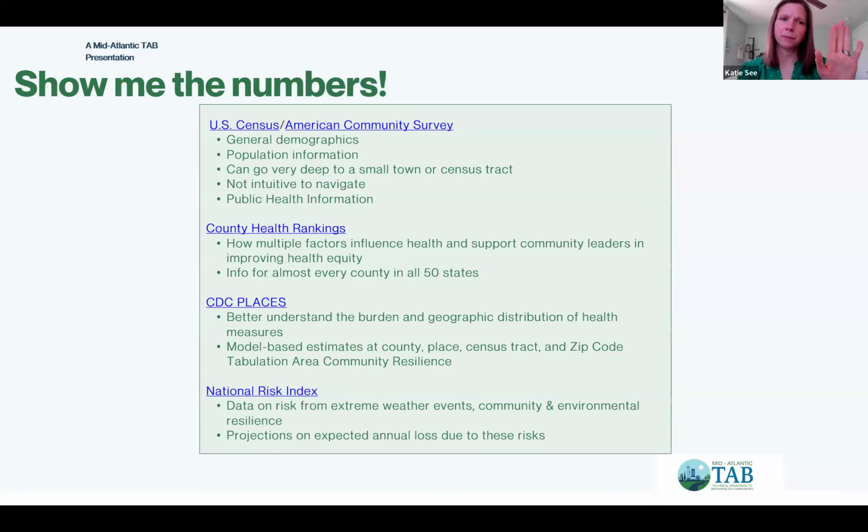And I should mention the fact that they are blue means that they are a hyperlink. So when you get this slide deck after the webinar, you're going to be able to click on that. CDC PLACES, another opportunity to understand the distribution of health measures, and then also the National Risk Index. Again, these are just some good, viable options to help you as you're building that solid case with the data. Next slide, please.